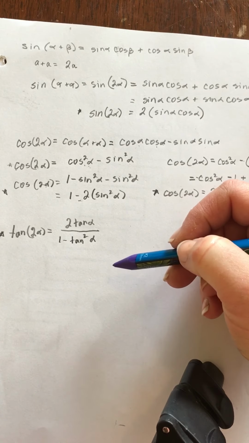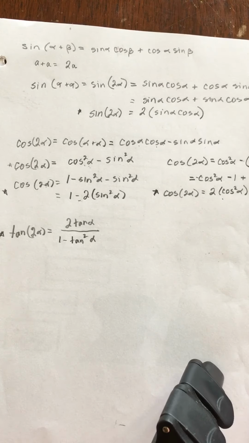Use the fact that tangent is sine over cosine to derive that, okay? But just like we used our other identities, we can use these identities to find exact values. We can prove or verify other identities, and we can use it to simplify equations.